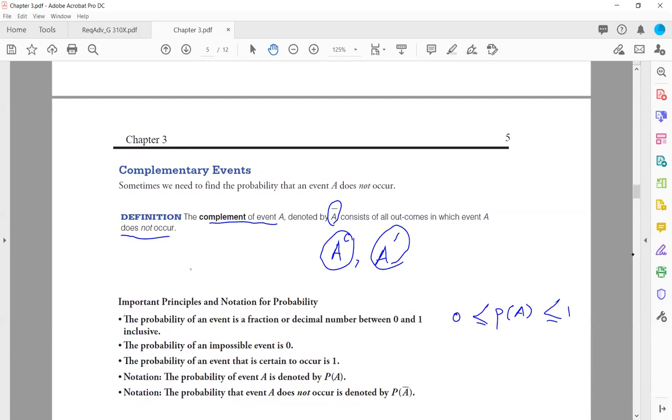The probability of an impossible event is 0. What's an impossible event? Like a cat sitting in this class learning statistics.